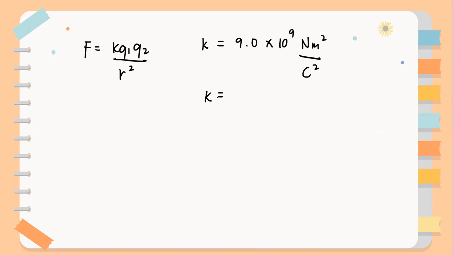The original value is 8.988 times 10 to the 9 newton meter squared per coulomb squared. That is the reason we have 9 times 10 to the 9; we just round it up into a whole number.